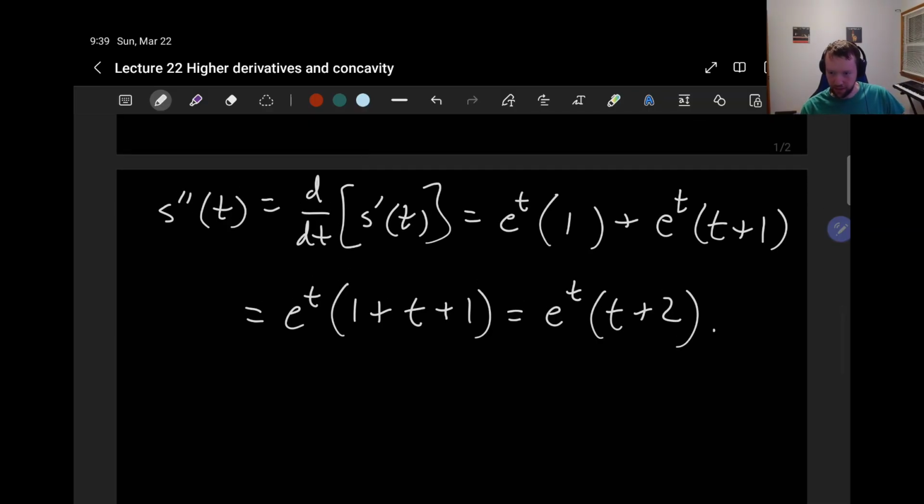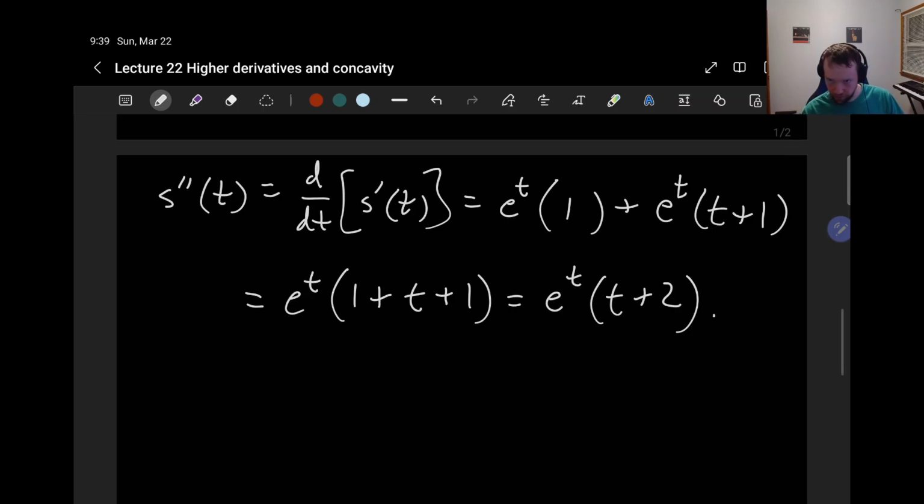Now, you might be thinking, well, is there any limit to how many derivatives I can take? And the answer is no. So we can take a third derivative. And that actually has a real application here.